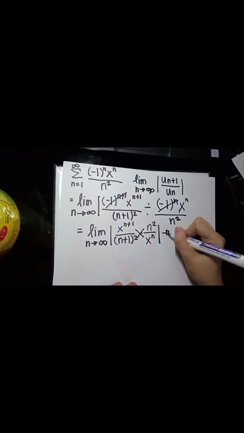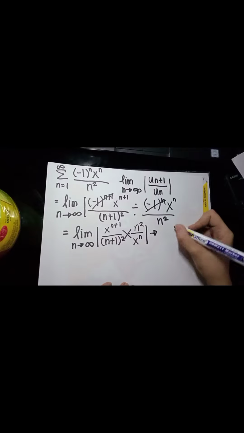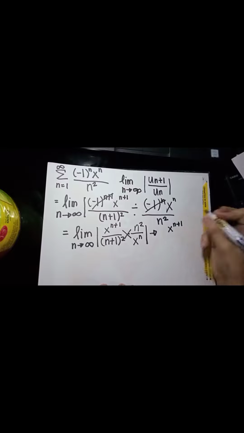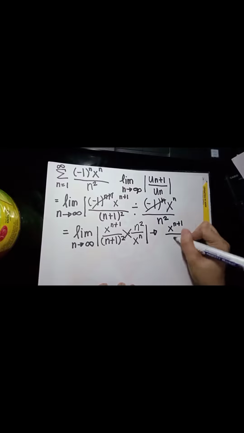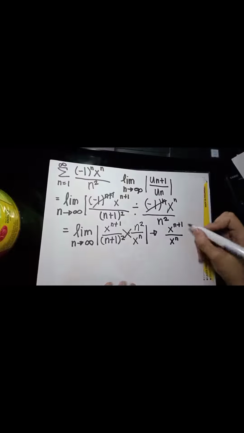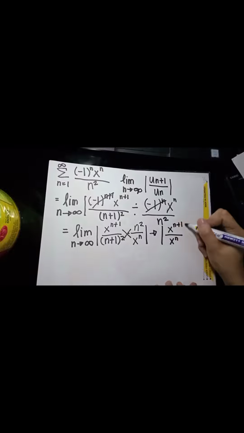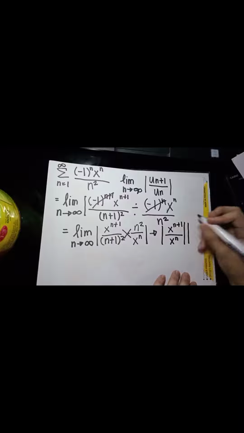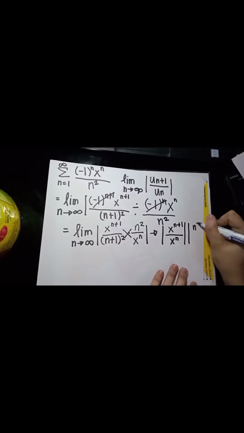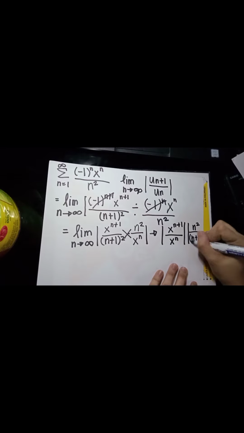So this will equal x raised to n plus 1 over x raised to n, times n raised to 2 over n plus 1 raised to 2.